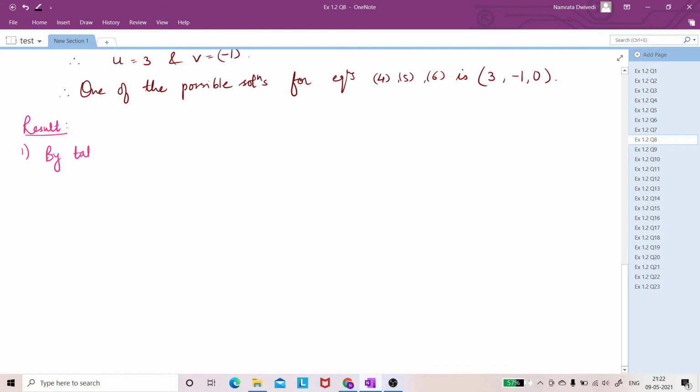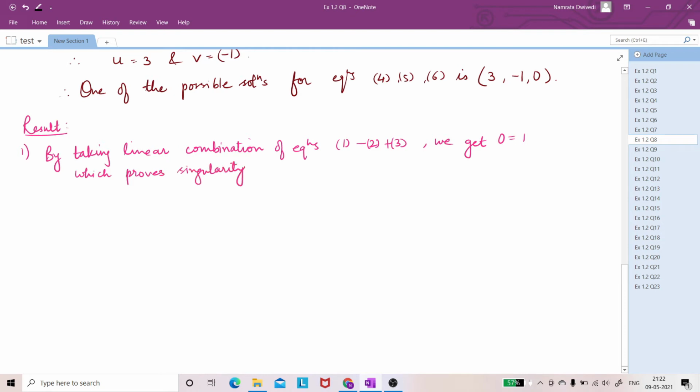By taking linear combination of equations 1 minus 2 plus 3, this is what we did, we get 0 is equal to 1, which proves the singularity of the system.